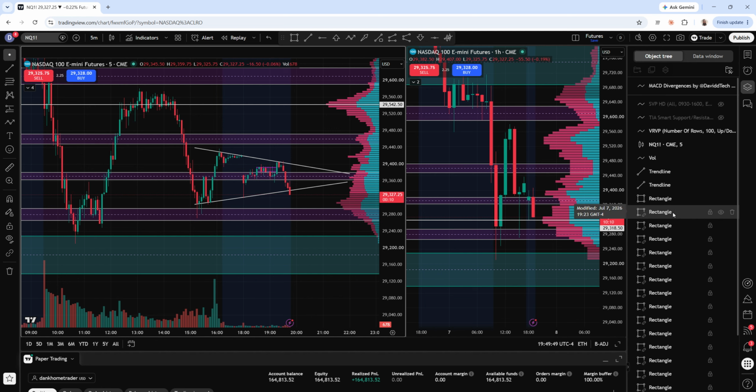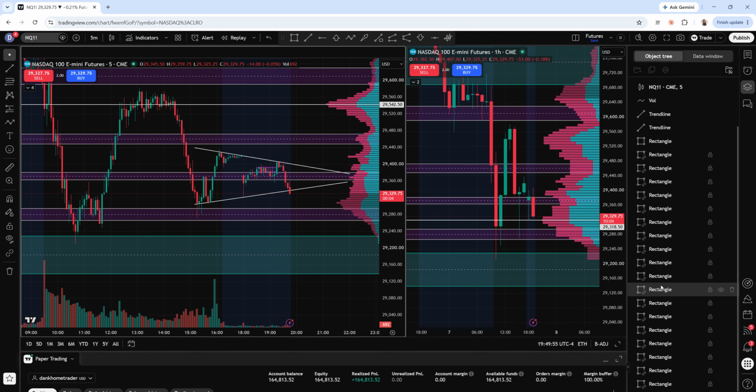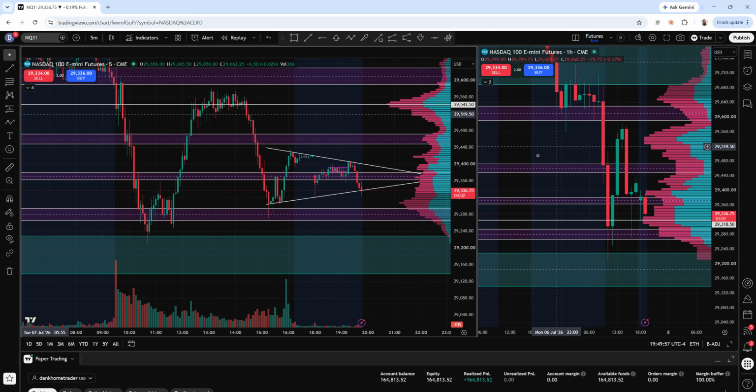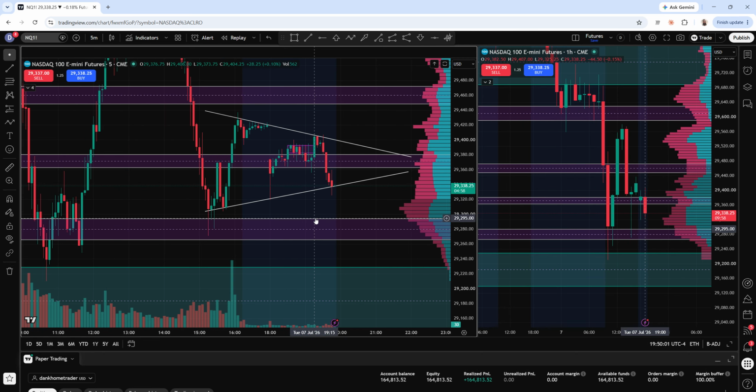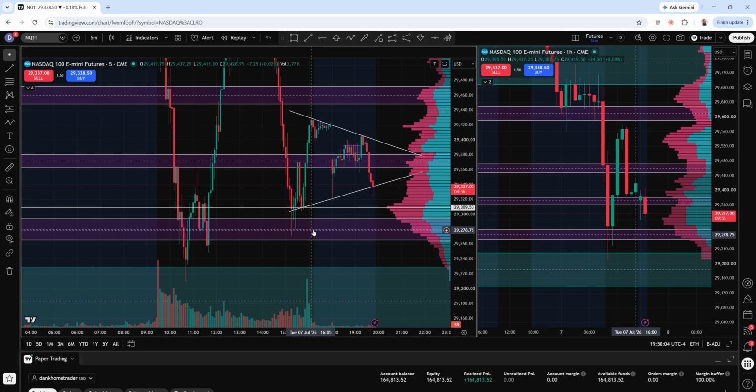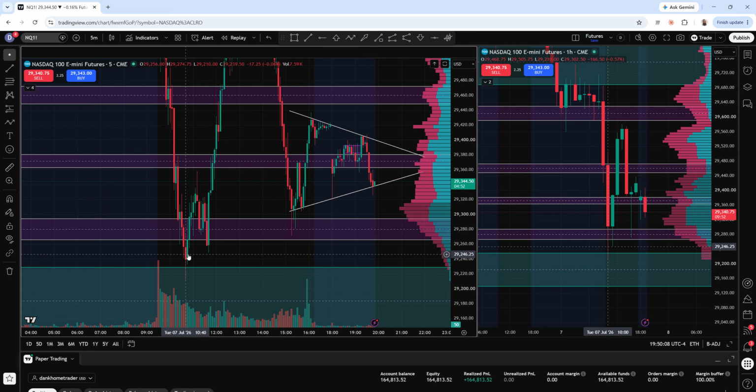I don't even know where this long position was. All right, I think I got most of it out of here. 280 was the midpoint of the pivot that it respected. I mean, it overshot a little bit, but then it held at 280. 280 was my entry, my long entry.